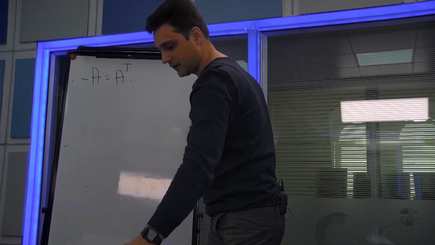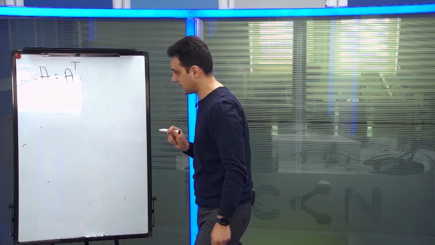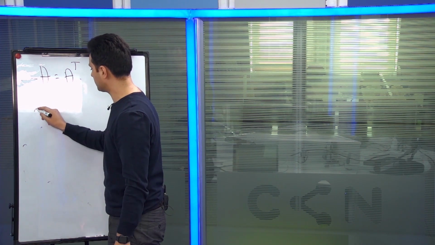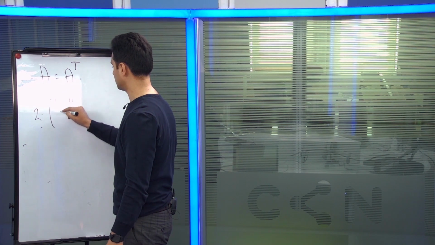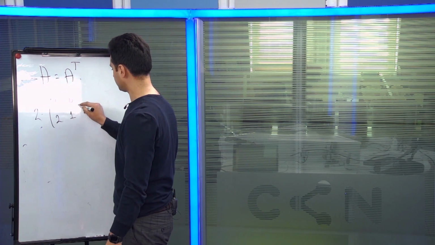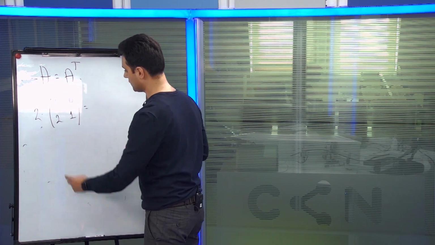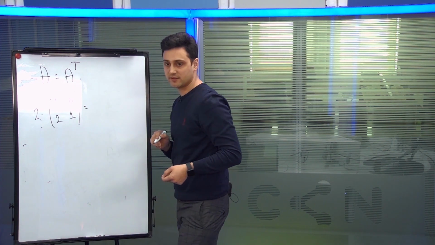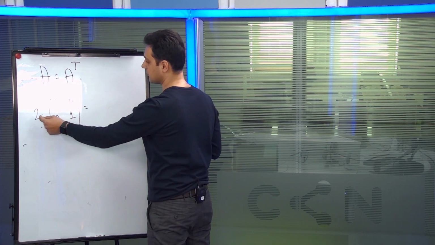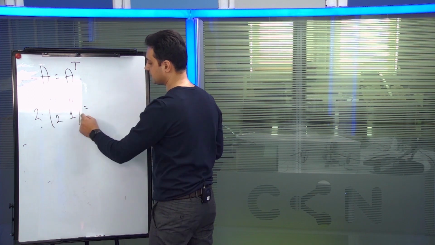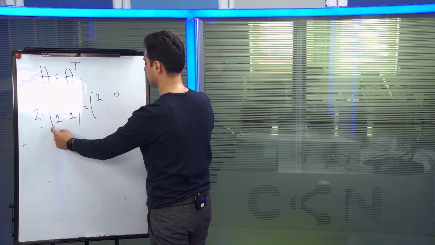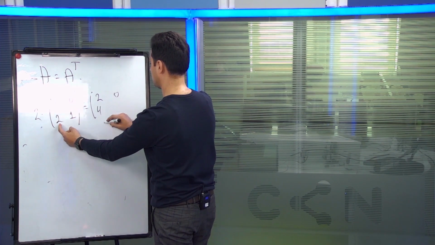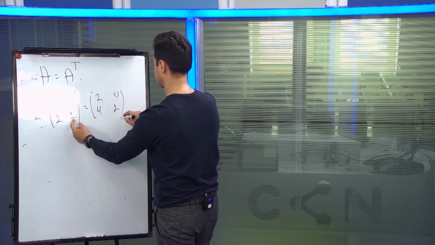So we have scalar multiplication of a matrix. For example, if we have a scalar and a very simple 2 by 2 matrix, right? To define this, we need to multiply each of these elements by this scalar. It will be 2. 2 multiplied by 0 is 0. 2 multiplied by 2 is 4, and 2 multiplied by 1 is 2.